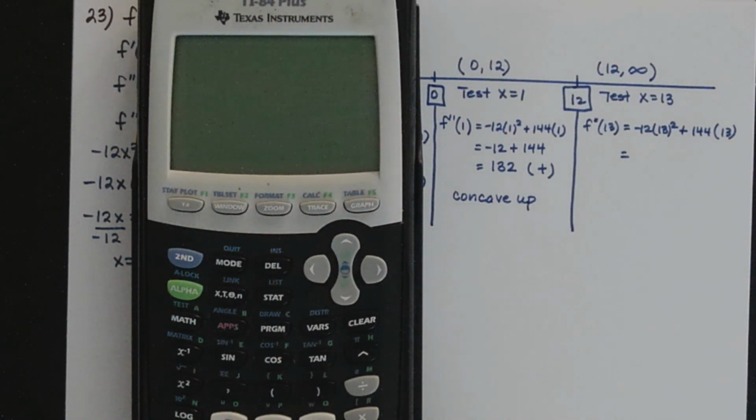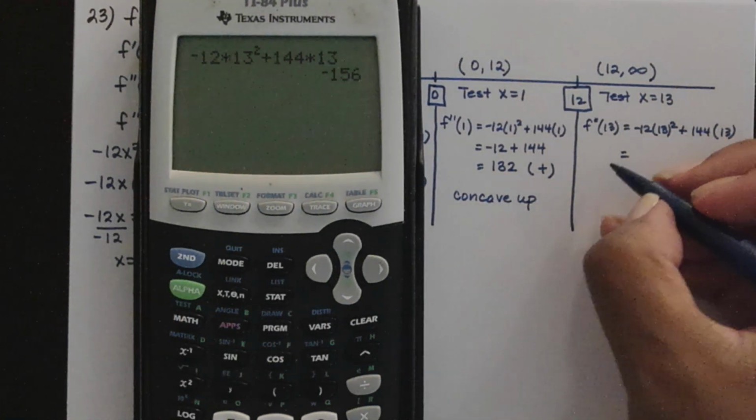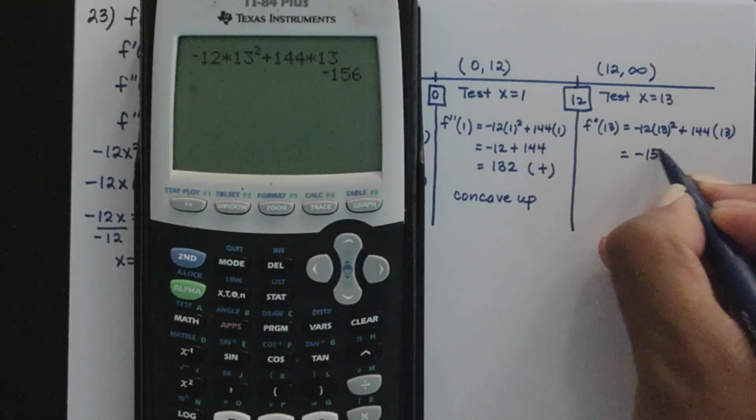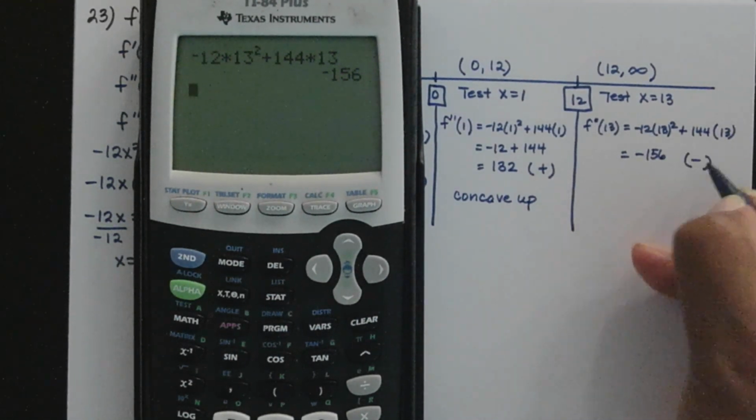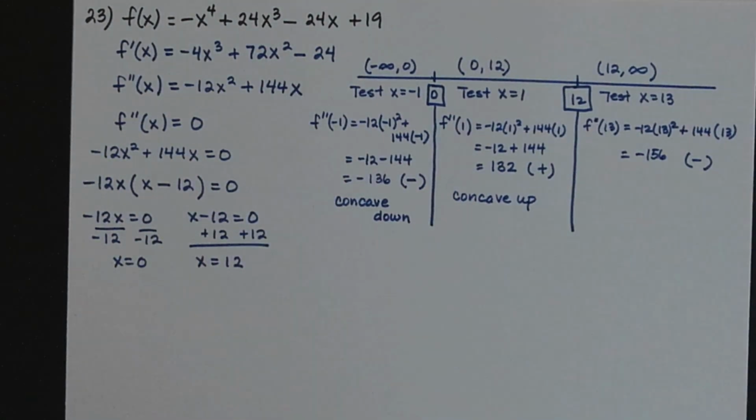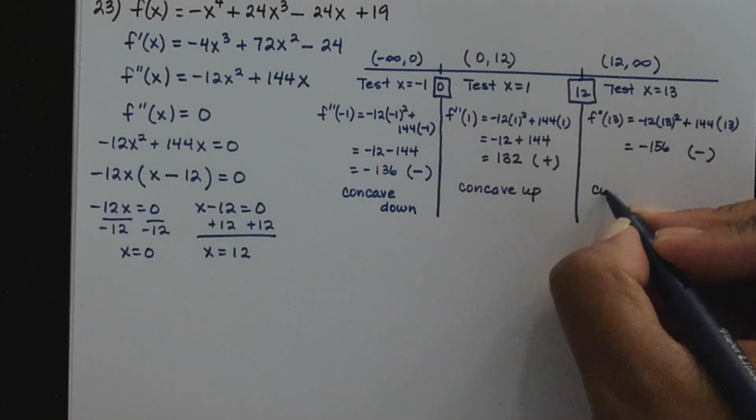Negative 12 times 13 squared, plus 144 times 13. And here I get negative 156, which is, of course, negative. So that means the graph of this function will be concave down.